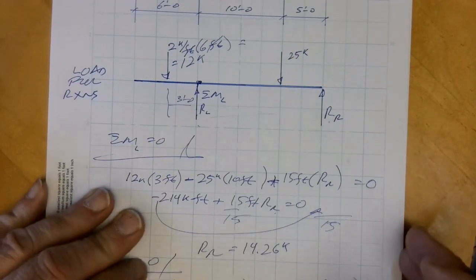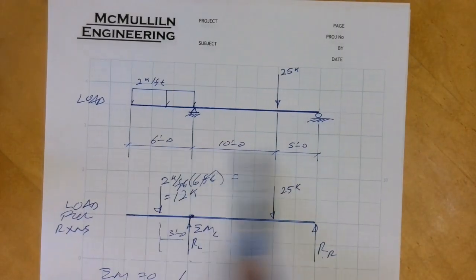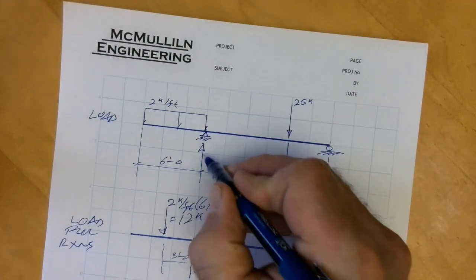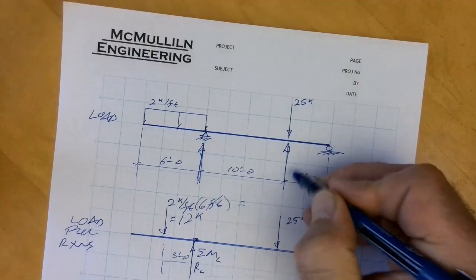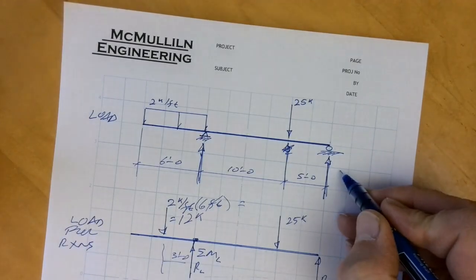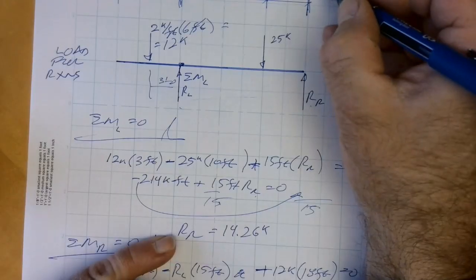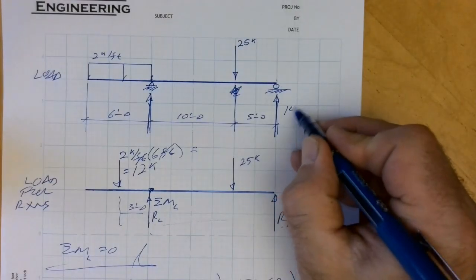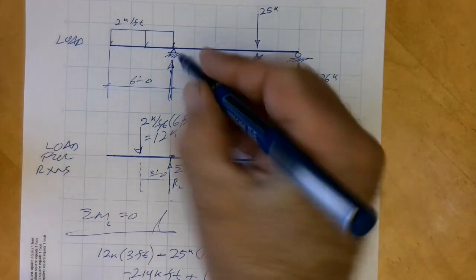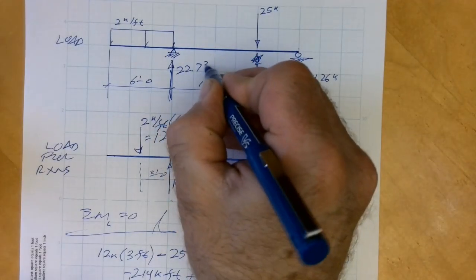Okay, so now I want to come back to this free body diagram, and I want to draw in and write in the magnitude of my reactions. So write R sub R coming from here, 14.26 kips, and the other one's 22.73 kips.